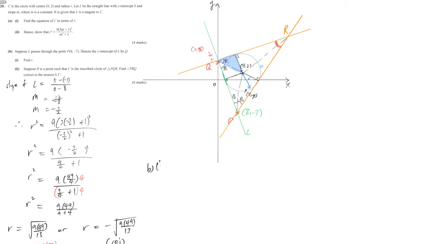In part B2, maybe I let the center, let A be (9, 2). So just give it a name. This is point A. And then in this blue triangle, I can find the distance of QA. With the distance of QA and also the radius, I can get this angle. So QA is equal to the square root of (9 minus 0) squared plus (2 minus 5) squared.